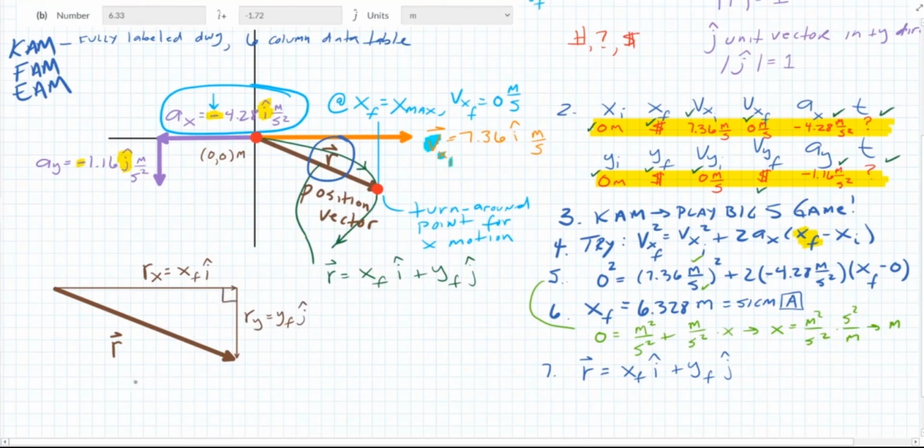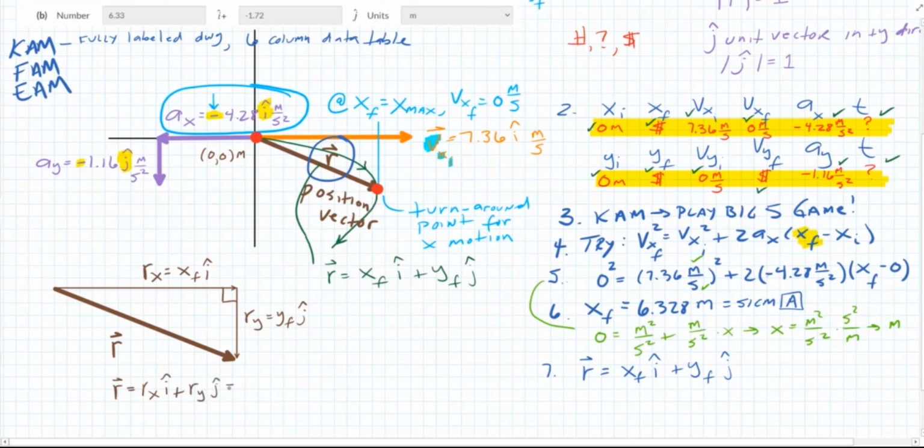And it's a chance to remember how we deal with vectors. So if I'm going to write from a vector point of view, this is how I represent our vector. Our vector is what happens when you take this Rx vector and then vectorially or graphically add it with this Ry vector.